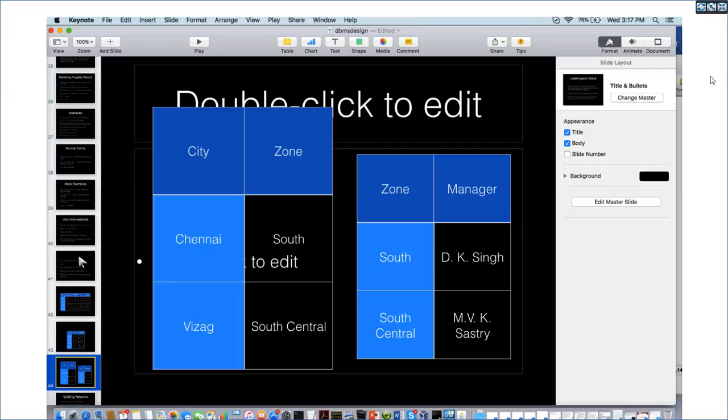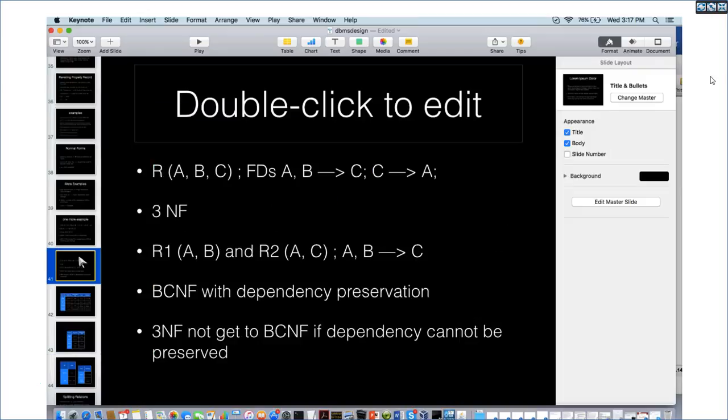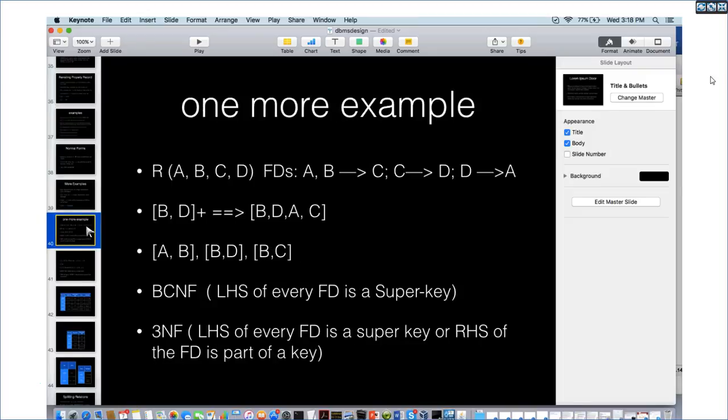Now, what we are going to go back to is, I will leave this now. I will give this as a brain teaser for people. I actually did RAB and modified this into this. The argument here is, is this in 2NF? It is in 2NF, right?